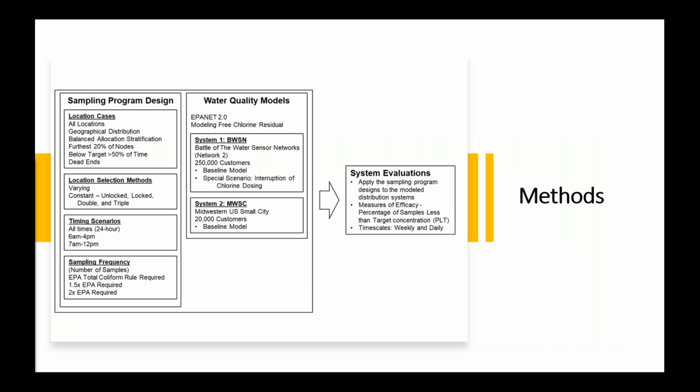This is an overview of the methods I use for this project. I'm not going to read everything on this slide right now because I'll be going into it in the other ones, but the key parts are tying sampling program designs along with water quality models and then evaluating systems based on those designs and models.